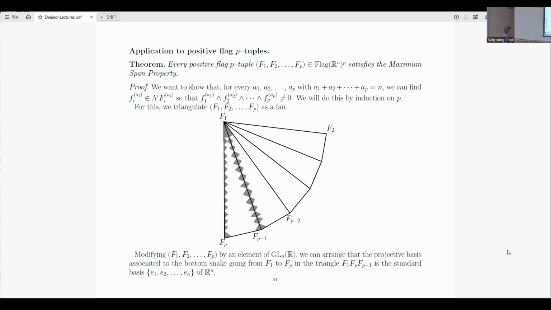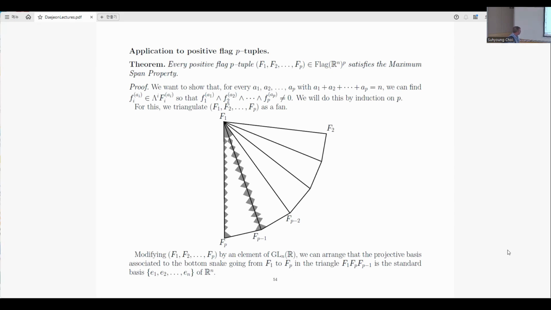And so here is the fan, and I'm going to do things by induction. I'm going to put the emphasis on F1, Fp, because I'm trying to do an induction. Now you remember, let's look at the triangle F1, Fp, Fp minus 1. To define triple ratios, I had my discrete triangle there, and I had the gray triangles.